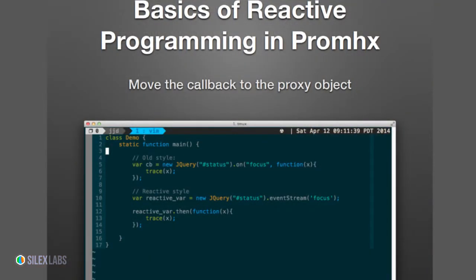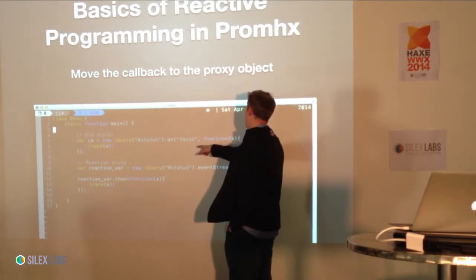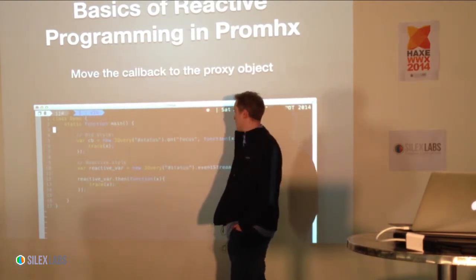So I talked about the high-level abstract, and I hope some of that was clear in picture form, but in code form, I just wanted to give a contrast of what the two different approaches look like. I don't know if this is so legible, but here you've got a typical jQuery statement. You want to wait for it to be focused, and then you want to call this callback.